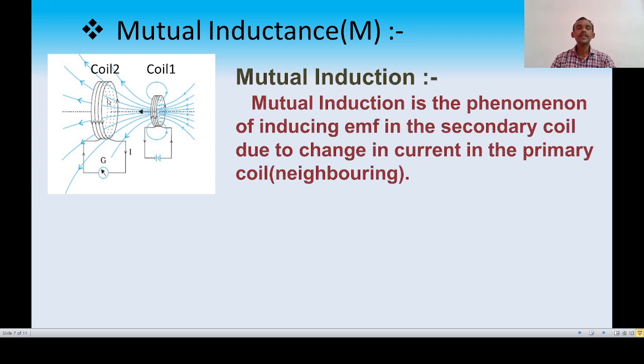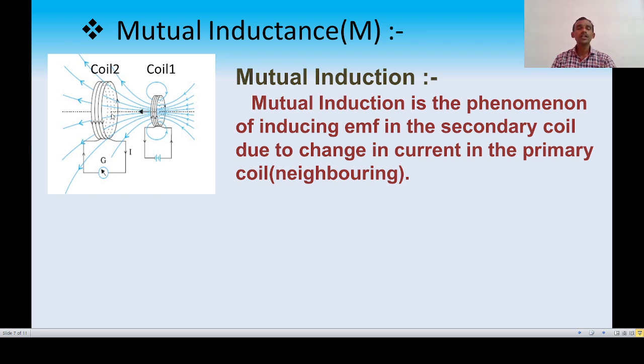Thus, we can say that mutual induction is the phenomenon of inducing EMF in the secondary coil due to change in current in the primary coil or neighboring coil. That is, we pass the current in the primary coil, and it changes with respect to time, due to which the magnetic flux linked with the secondary coil goes on changing, and the EMF is induced in the secondary coil.